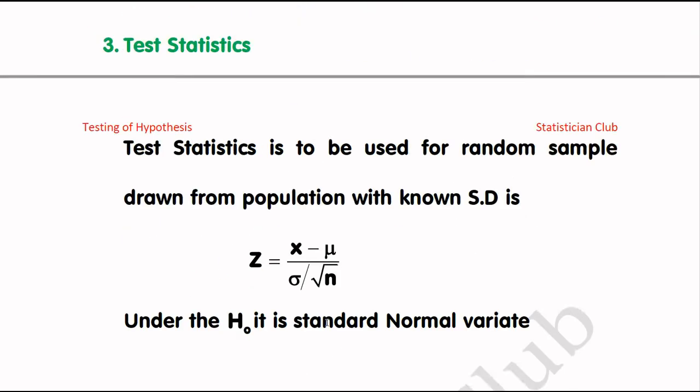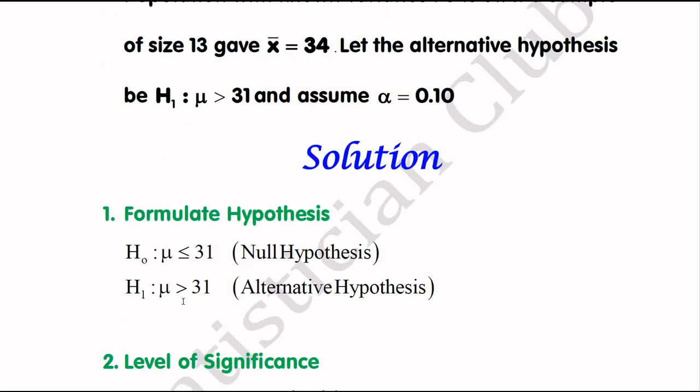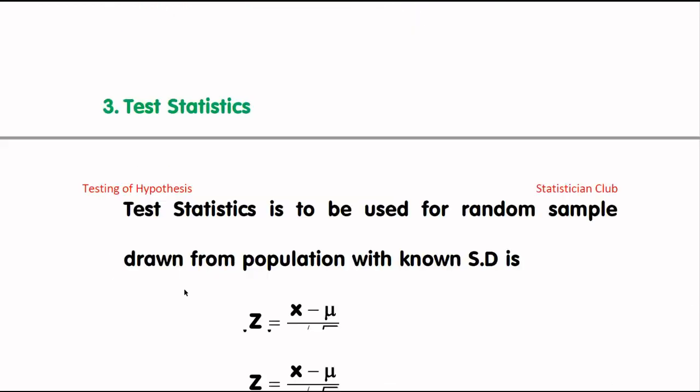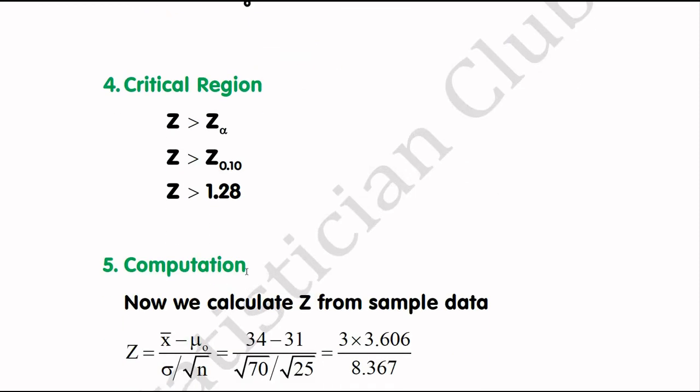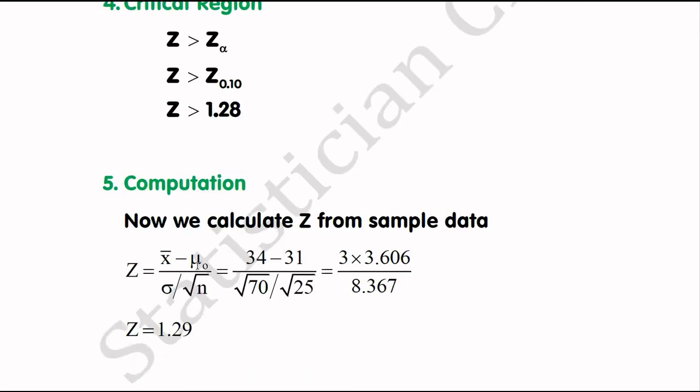Fourth step, critical region. Because this is a one-tail test with a greater than sign. The greater than sign and the less than sign represent a one-tail test. So for a one-tail test, z greater than z alpha, z greater than z 0.10, z greater than 1.28. We compute this value from the z table.